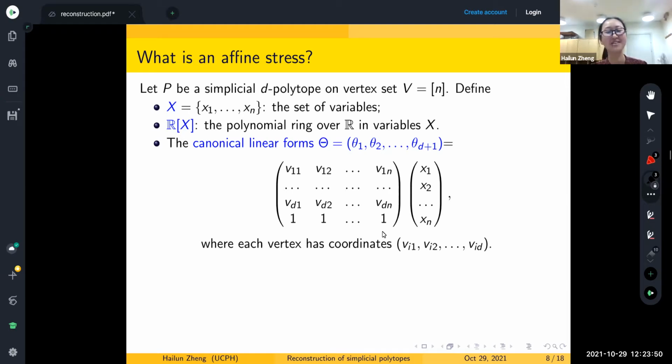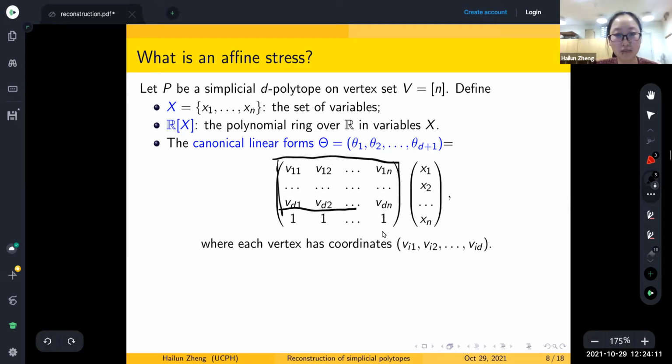Now, for all these vertices 1 all the way to n, they are realized in the space R to the D, right? And now I just write down the coordinates of all these vertices, okay? So here is the matrix that I'm going to look at. The columns of this matrix are exactly the vectors describing the positions of all the vertices: vertex 1, vertex 2, all the way to vertex n, okay? And now I can form a couple of linear forms from these numbers.